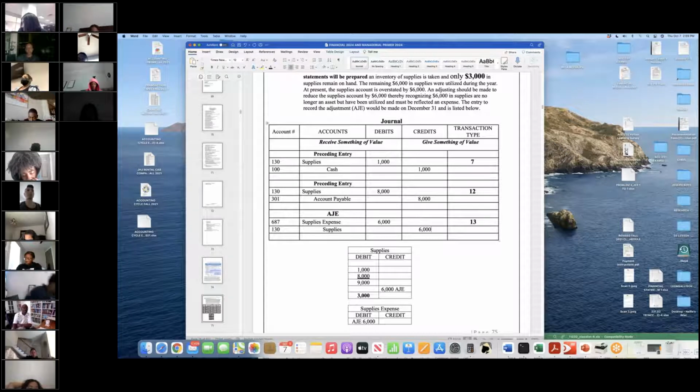So when you look at this AJE now, what is the income statement account? And what's the balance sheet account? Now, if you look at your chart of accounts, what do you see?